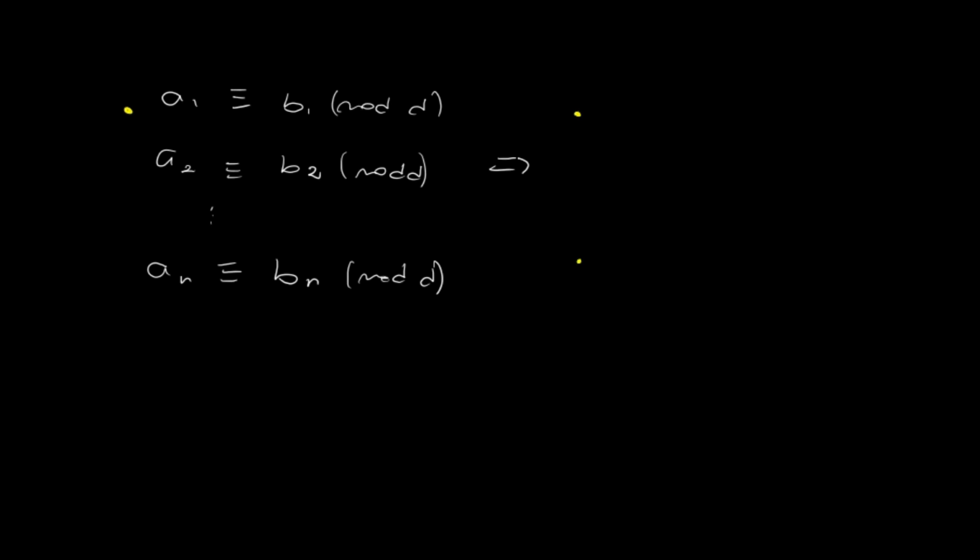The first one is that the sum of the A sub n's is congruent to the sum of the B sub n's modulo D, and that the product of the A sub n's is congruent to the product of the B sub n's modulo D.